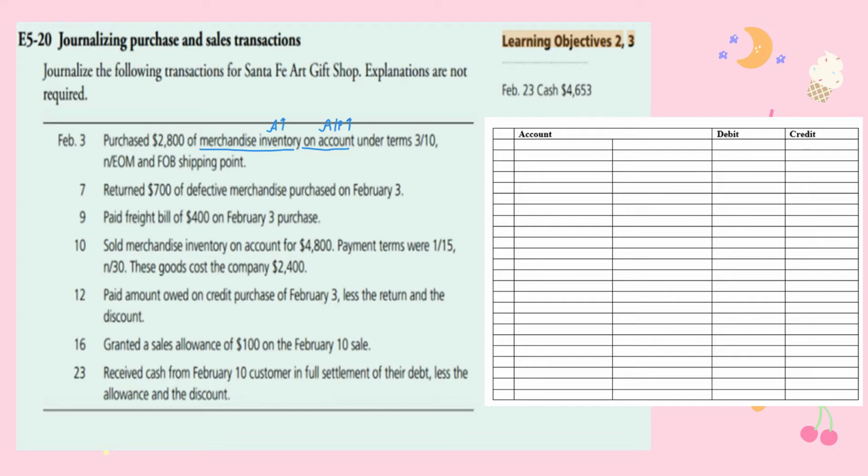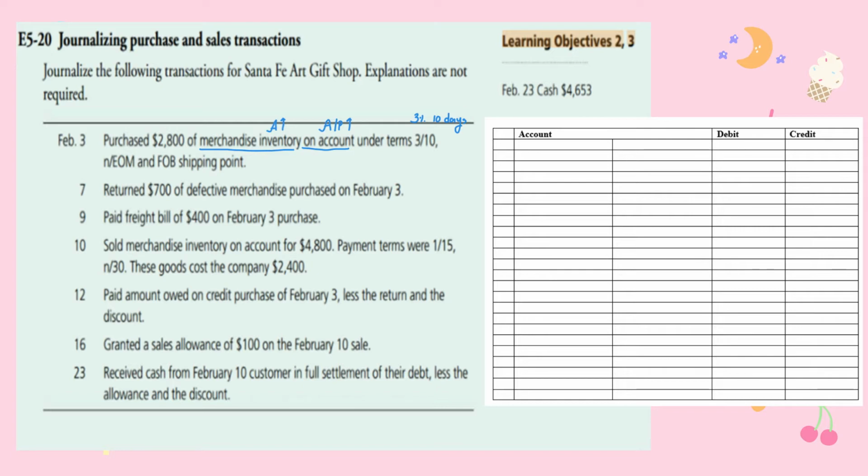Under terms 3/10 and end of the month. So EOM stands for end of the month. 3/10 means I'm going to get a 3% discount if I pay within 10 days. And I have until the end of the month to pay the full amount.